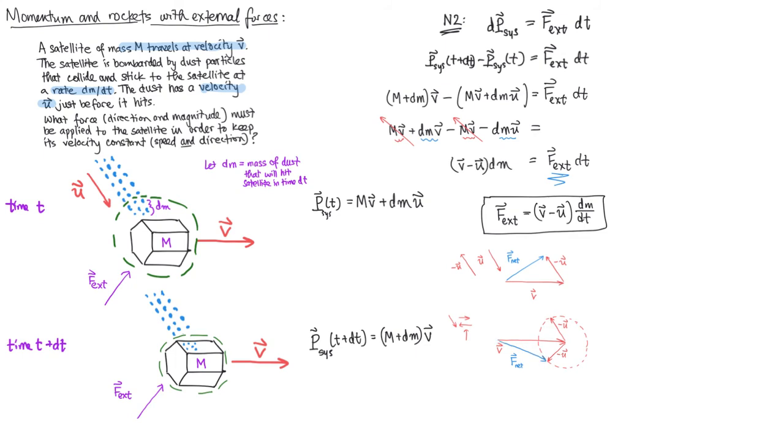If, however, I let the speed of my dust be faster than the speed of my satellite, then I can get my u vector to point leftward of the v vector. So let's look at that example.